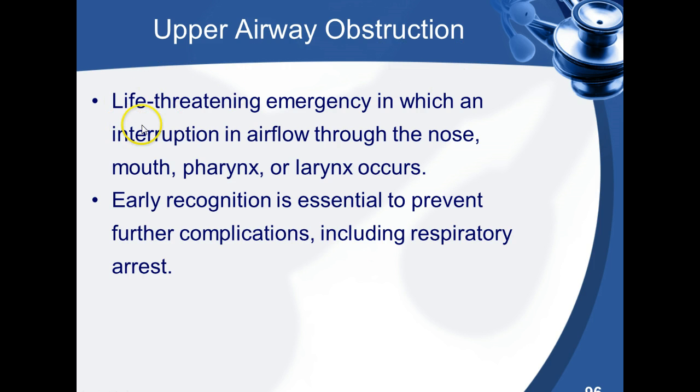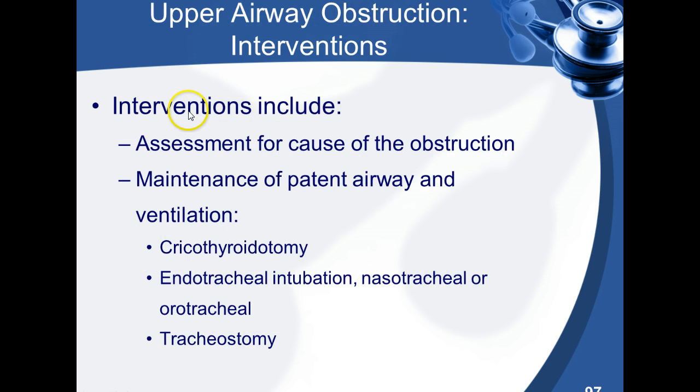When you have an upper airway obstruction, know for sure that it's a life-threatening emergency in which an interruption in airflow through the nose, mouth, pharynx, or larynx may occur. Early recognition is essential to prevent further complications, including respiratory arrest.